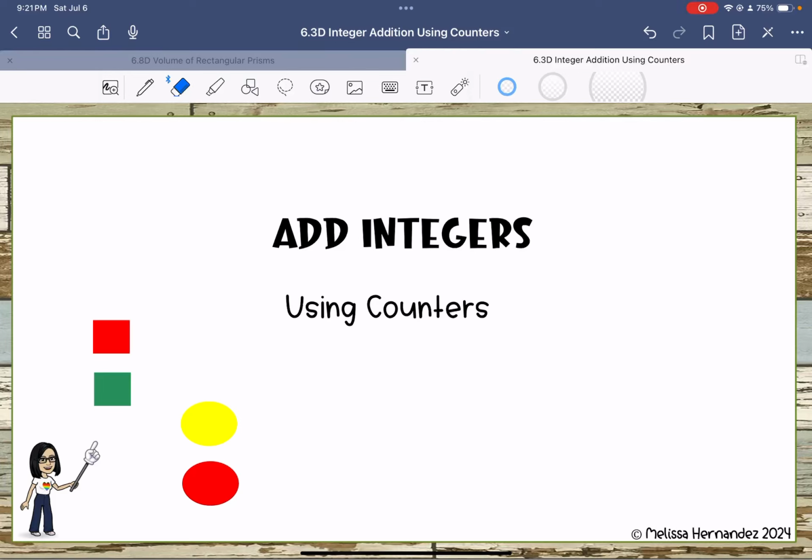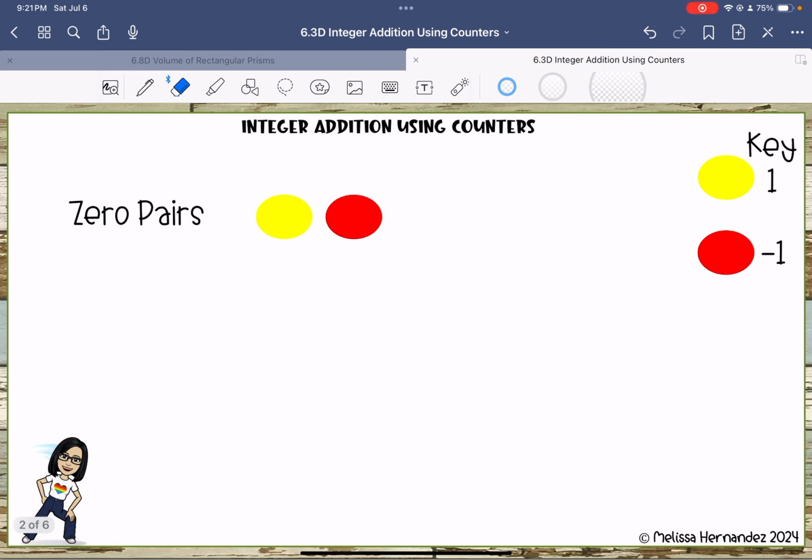In this video, we're going to practice adding integers, but we're going to solve them using counters. And so let's refresh our memory on a couple of things. Integers are just our positive and negative whole numbers. And counters, it's where it's two-sided. You usually see them in your classroom, where the yellow will represent one positive, and then the red side will represent one negative.